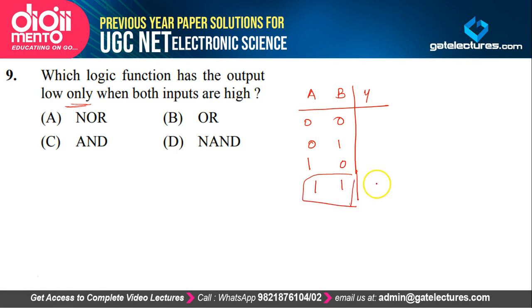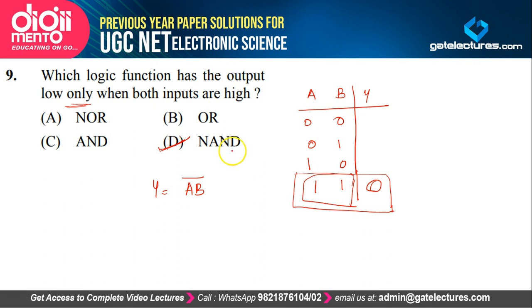If you write this function as, what is it going to be? AB bar. I'm writing it from this cell only. This AB bar is the representation of a NAND gate. So, NAND logic function has output low when both inputs are high.